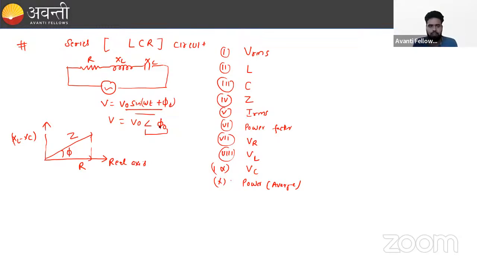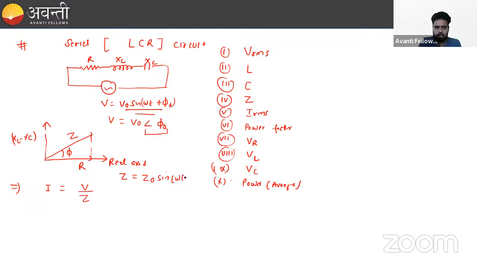So here, if we take one example, suppose we know the value of Z, then how can we find the value of phi? We can say the value of phi is nothing but the angle of Z, right? Here Z also makes an angle phi. Z is also written in this manner, that Z equal to Z naught, and this angle is made from the omega t axis.